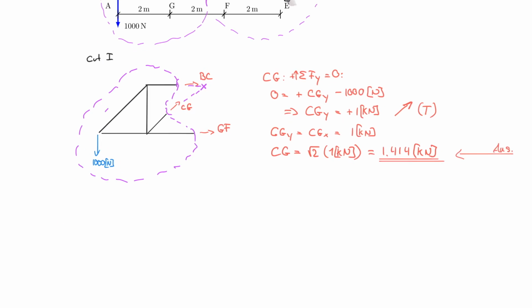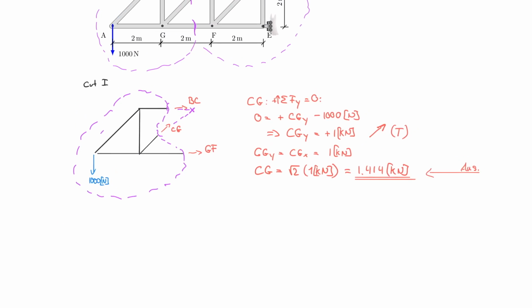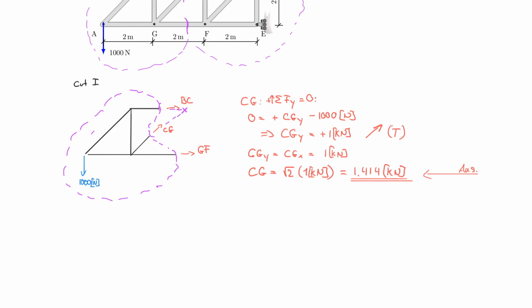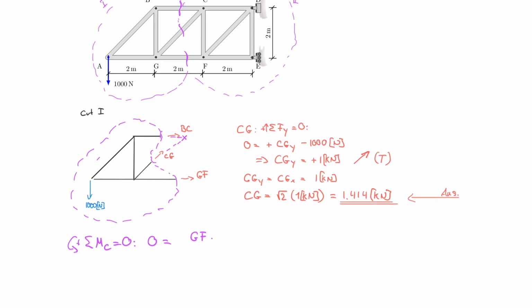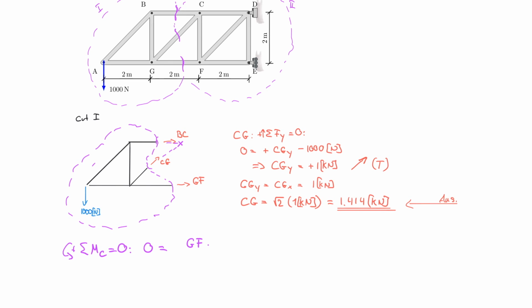So let's do that. Let's take the sum of the moments about point C. Sum of the moments about point C is equal to 0, counterclockwise positive, and 0 is equal to, I start with my unknown, GF multiplied by 2 meters, right? So the height of the structure is 2 meters.